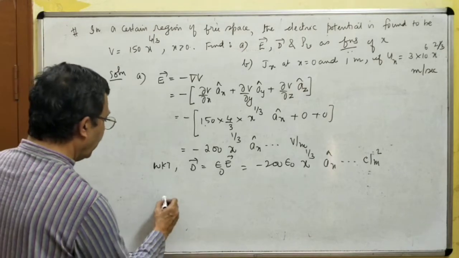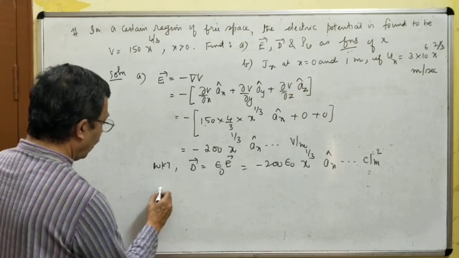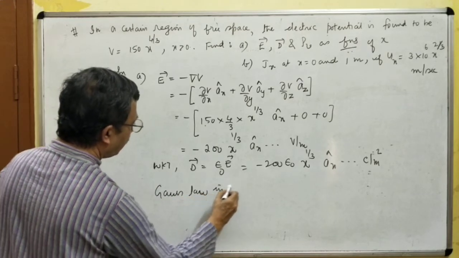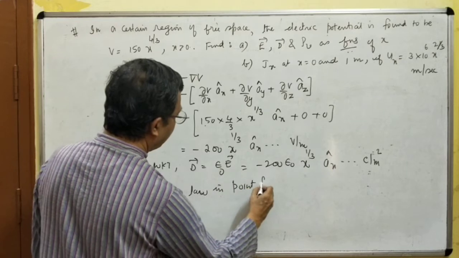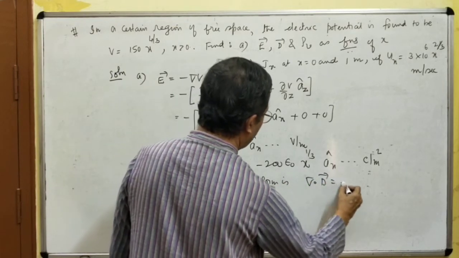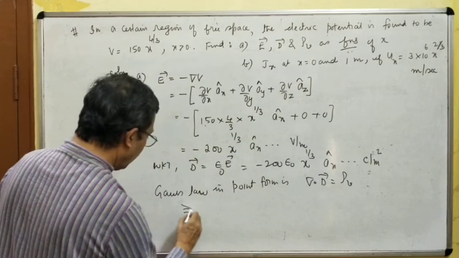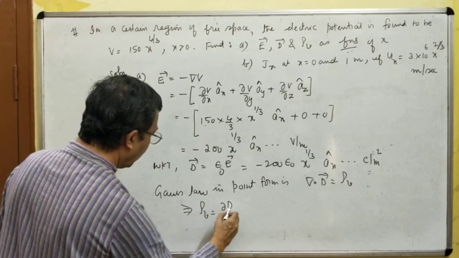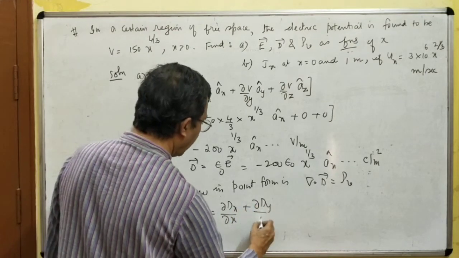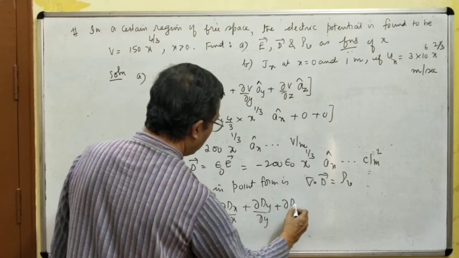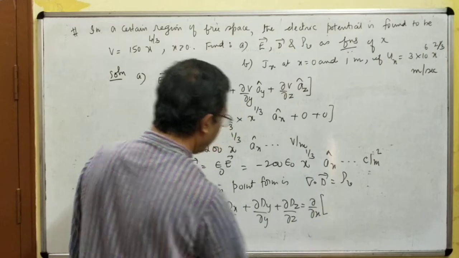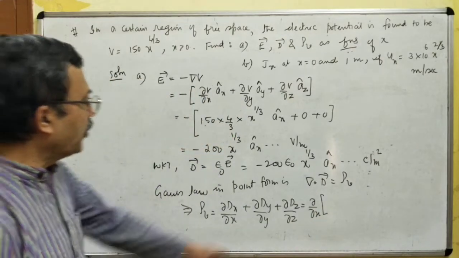Next, what is rho v? Right, Gauss law in point form is divergence of D is equal to rho v. This implies rho v is equal to dou Dx by dou x plus dou Dy by dou y plus dou Dz by dou z, which is dou by dou x operating on, what is the coefficient of ax cap?